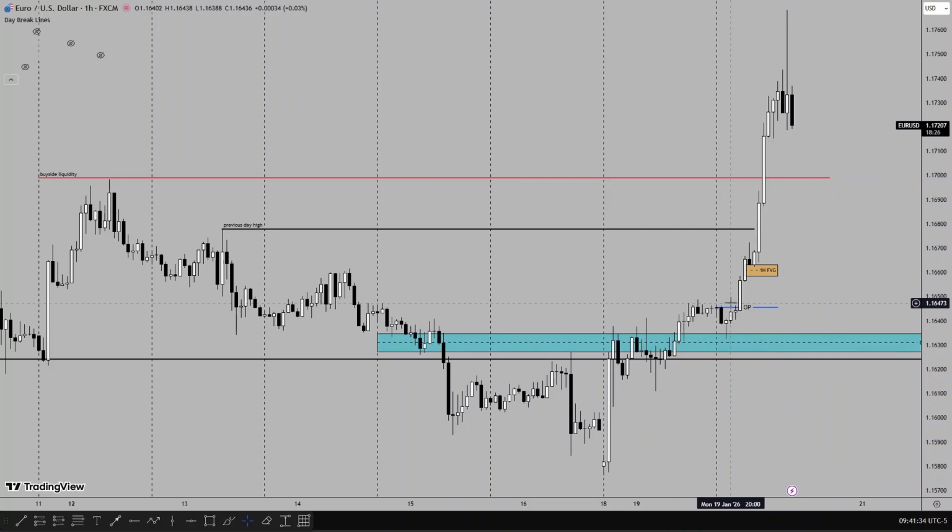But there are still other scenarios like this where the Asian section would deliver the first move in price, trading below the opening price to seek out a discount liquidity, trading above the opening price before the London section. So make sure you understand what the price did during the Asian section and how you are going to build up your trade plan with the idea of the power of three.